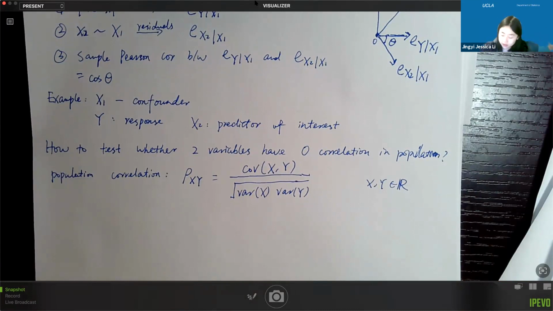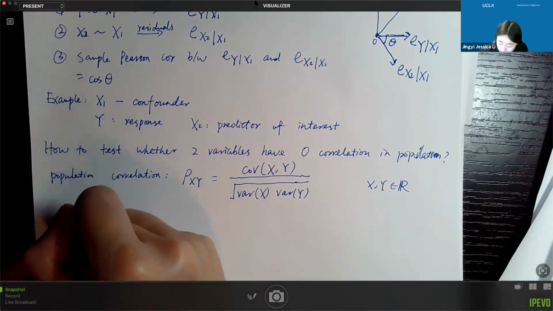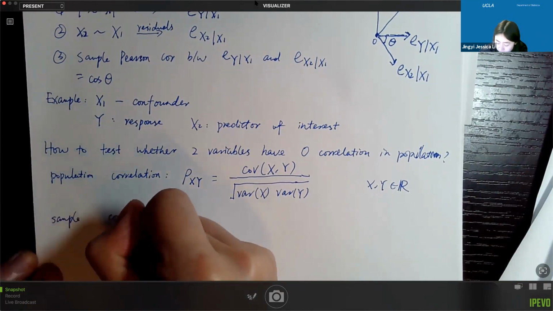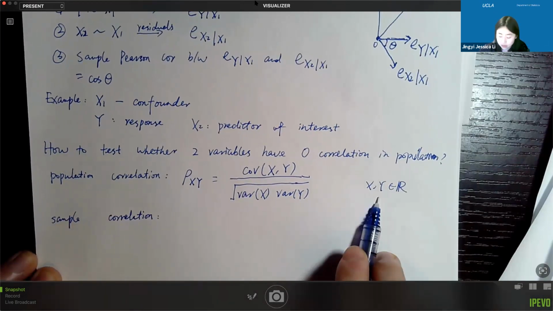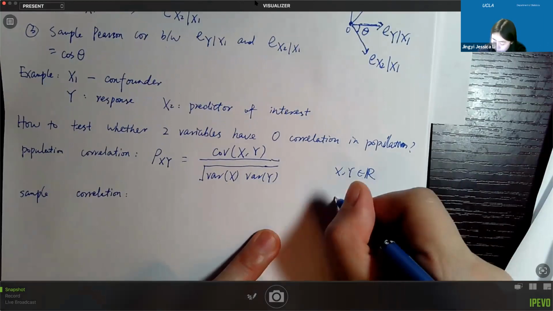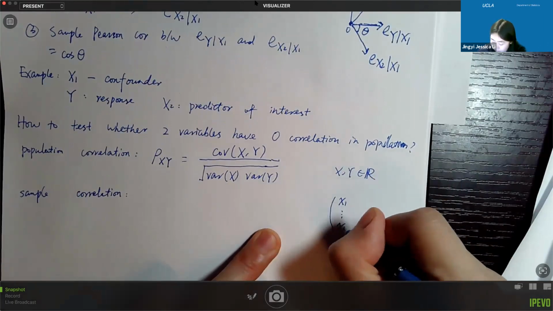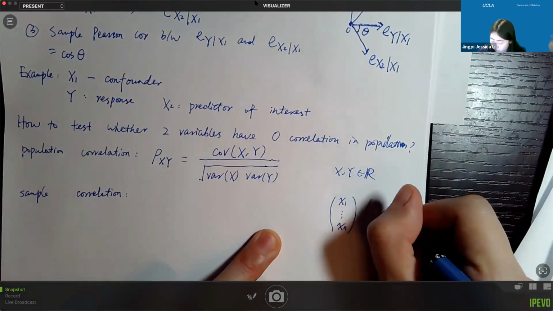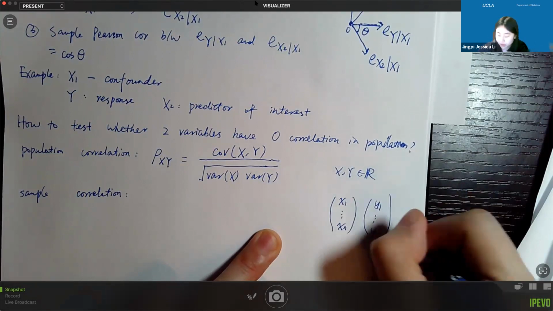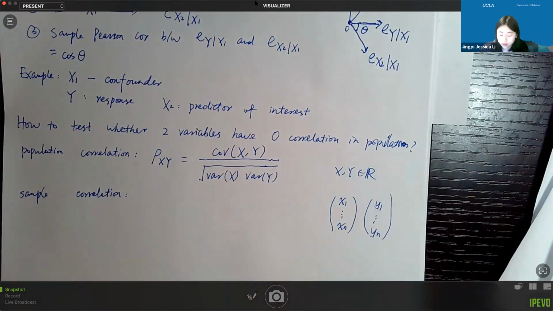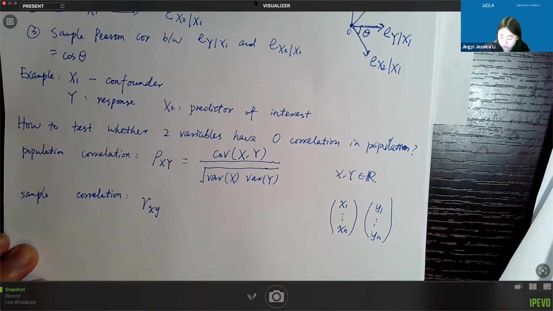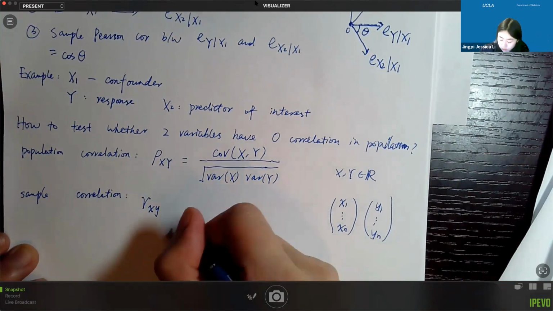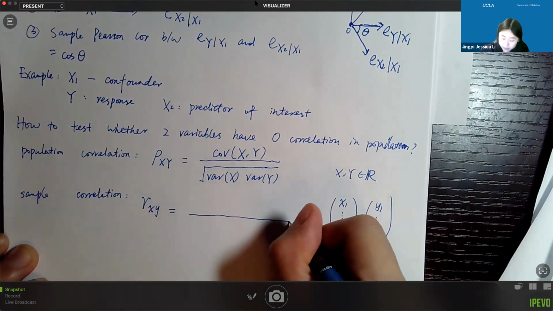Correspondingly, let's say we have a sample correlation. This is based on realizations of the two variables, x1 to xn and y1 to yn. We have n observations for each variable. The sample correlation, we call it r xy, r for the sample, rho for the population, can be computed just based on the sample.